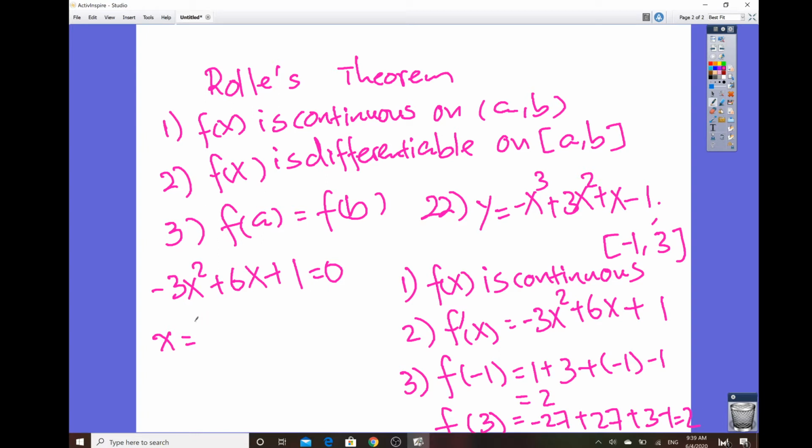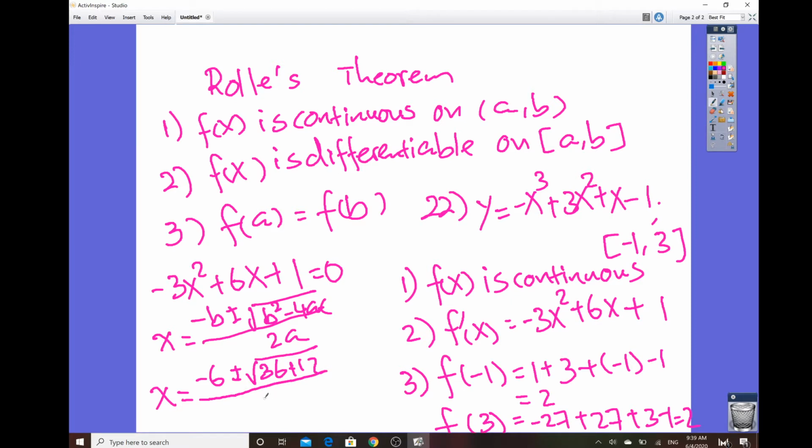We're using the quadratic formula, negative b plus or minus square root of b squared minus 4ac over 2a. So solving for x here, we do have negative 6 plus or minus the square root of 6 squared, so 36, minus 4 times a times c, so 4 times negative 3, 12, and then times c, so positive 12. And then it's all over 2a, so 2 times negative 3, which is negative 6.